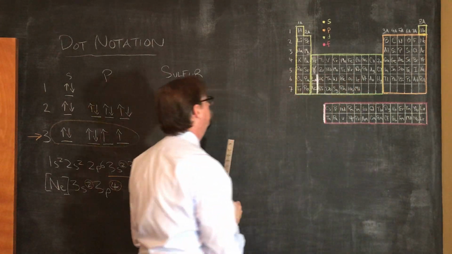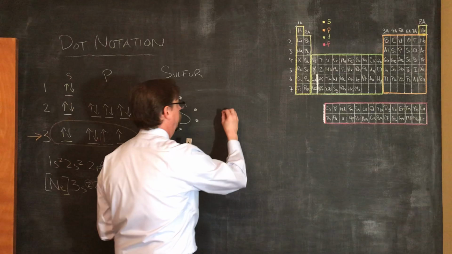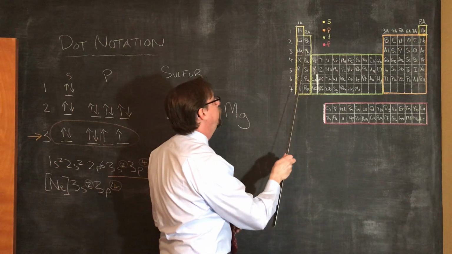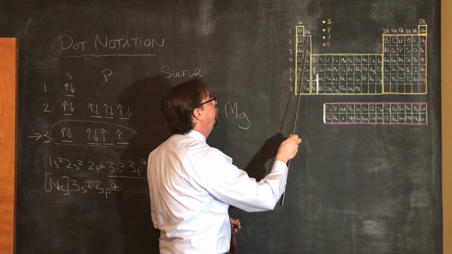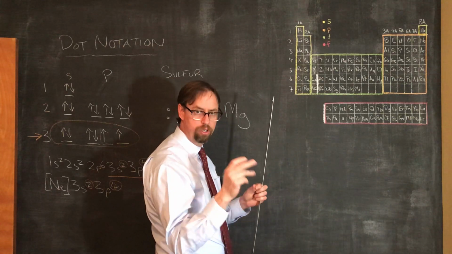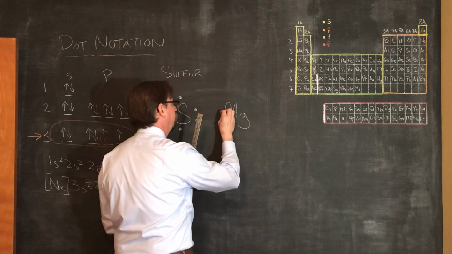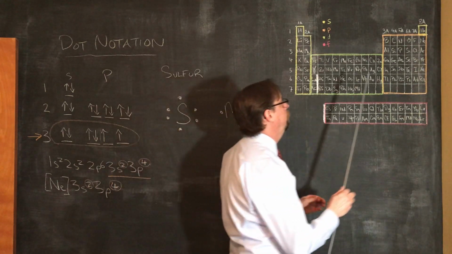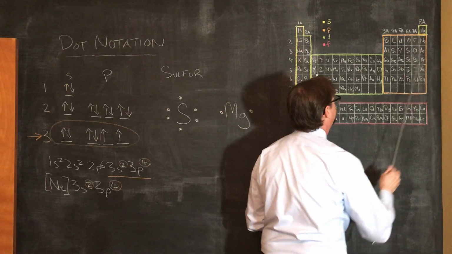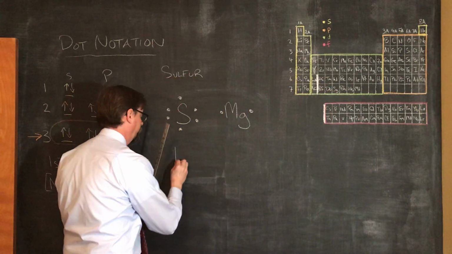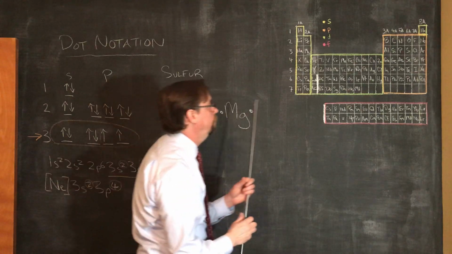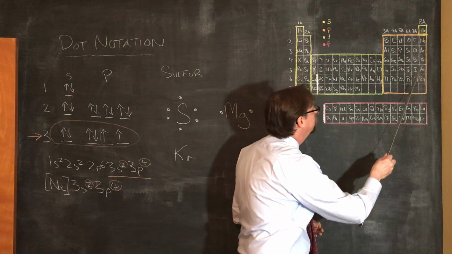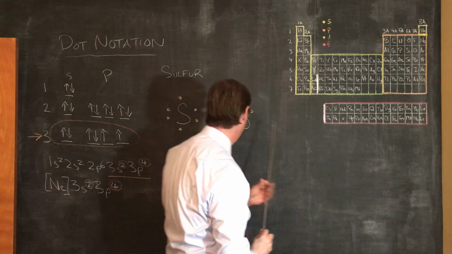So let's do some more dot notation. Let's say magnesium, Mg. Here it is, and it is in group 2A. That means it has 2 outer shell electrons, and so 2 dots in its dot notation. Let's come over here to krypton, Kr. Krypton is in group 8A, so it has 8 outer shell electrons.